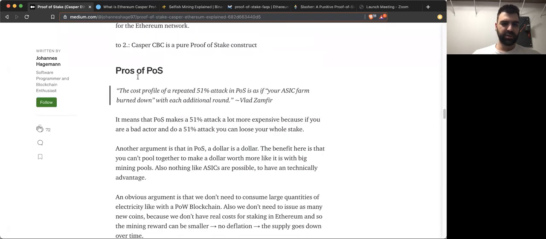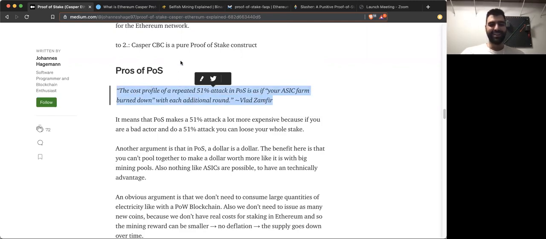Okay, and now we go into the pros of proof of stake. This quote over here, I see it in every article I read about proof of stake: the cost profile of a repeated 51% attack in proof of stake is as if your ASIC farm burned down with each additional round. So this is a quote that I see everywhere.